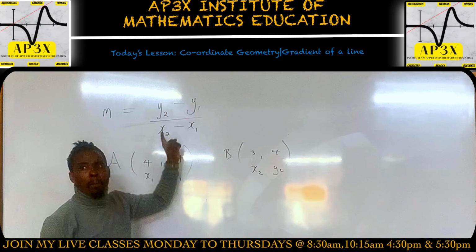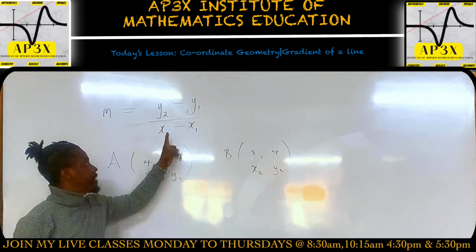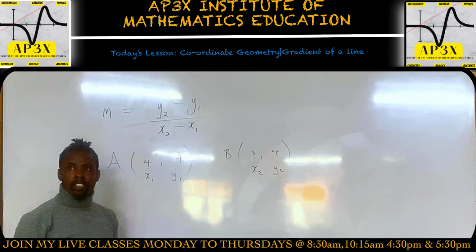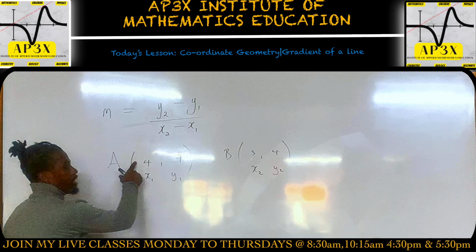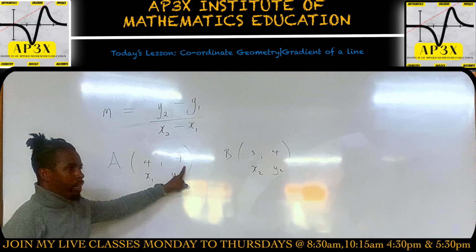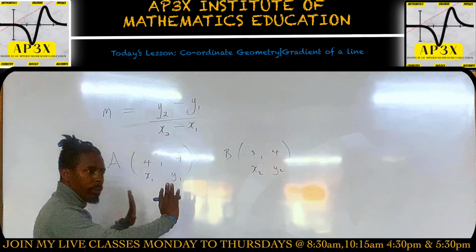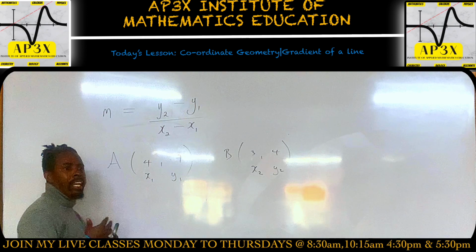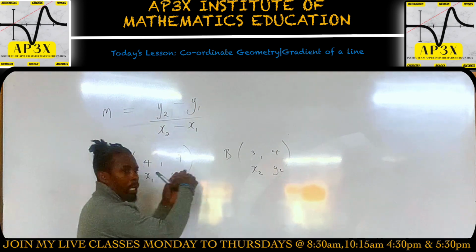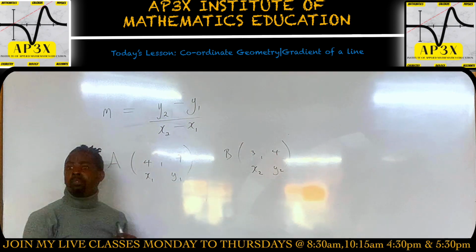So the subscripts are starting and ending. The starting point is x1, y1, and the ending point is x2, y2. That is how you label your points. Now, I choose to say that my line starts at A and ends at B. But what if you decide that you want the line to start at B and end at A?